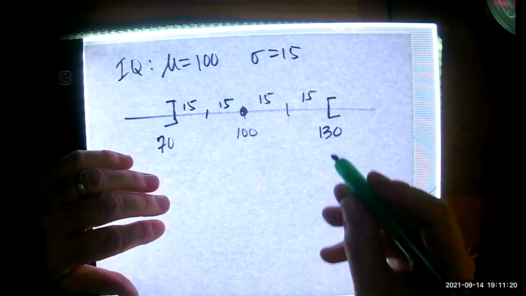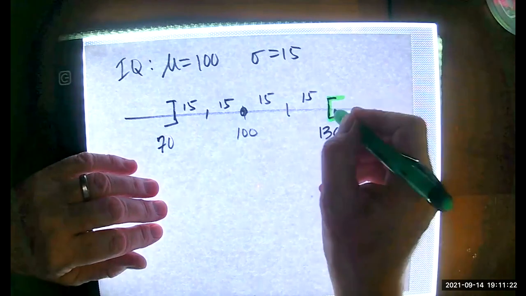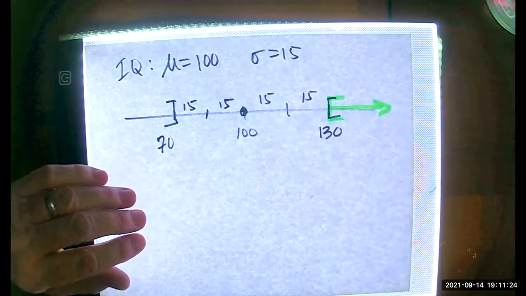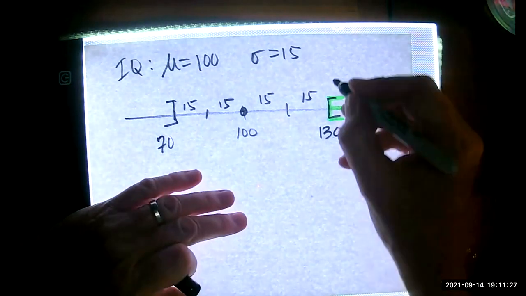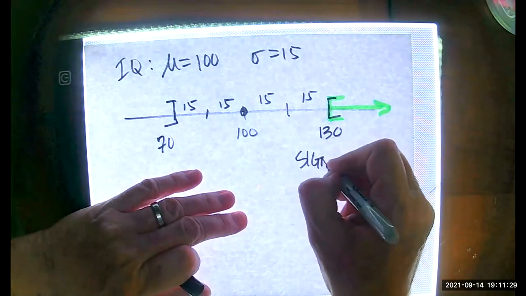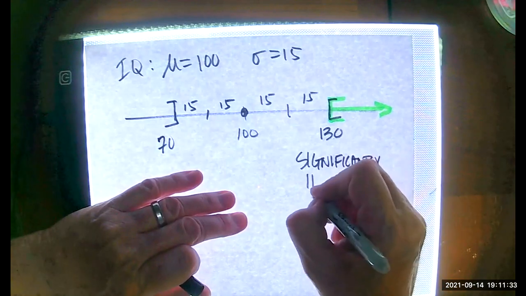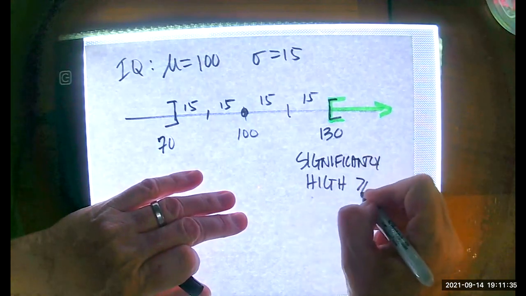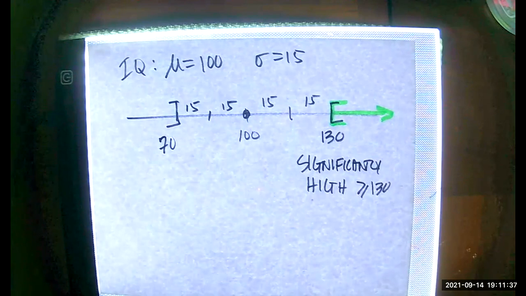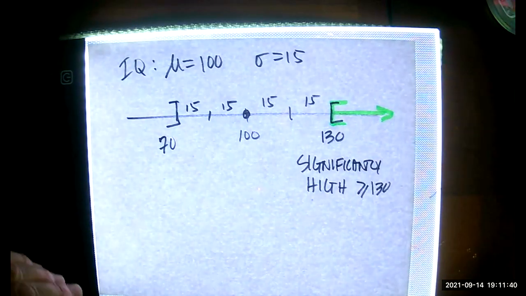The data points or the IQs that are 130 or greater are what we say are significantly high, greater than or equal to 130.